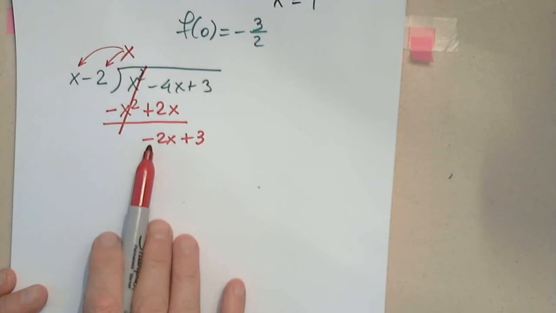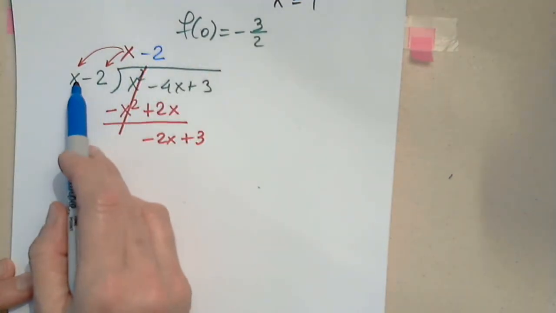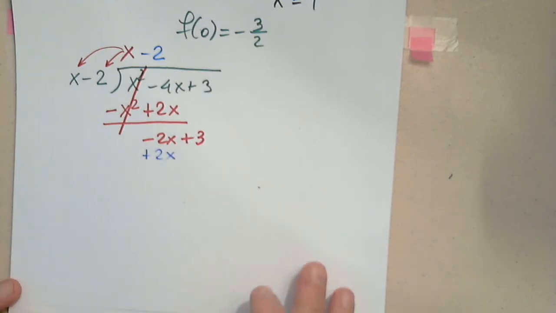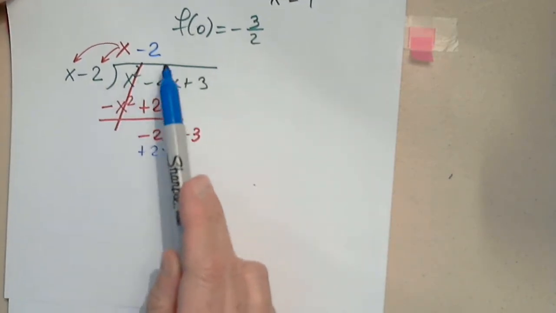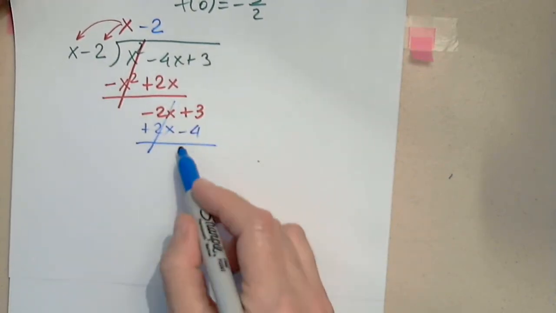X times what is negative 2x? Negative 2. Very good, awesome. So now negative 2 times x is negative 2x, but I have to change the sign before I write. Negative 2 times negative 2 is positive 4, but I have to change the sign before I write.